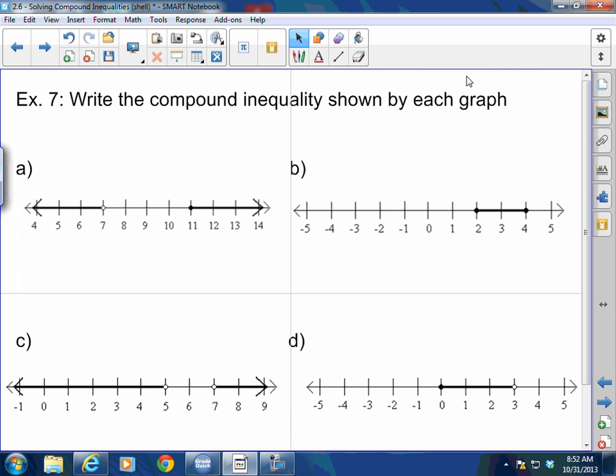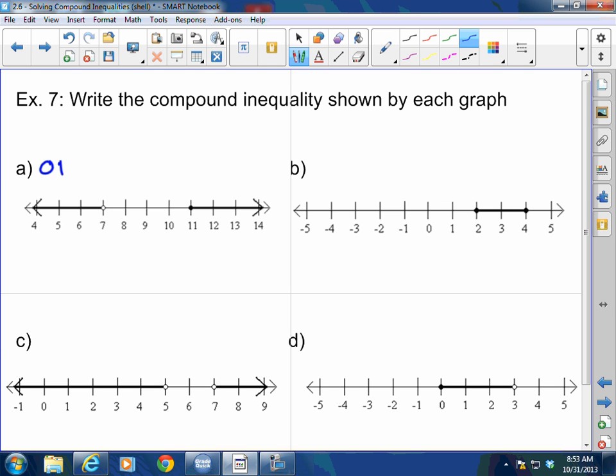Now, let's go backwards. Sometimes they give you a graph and they want you to write the inequality, okay? So I want you to tell me the compound inequality, and also for giggles, let's go ahead and define whether or not this is an or an and. So, okay, for A, first of all, they're going in the opposite direction, so it's an or.